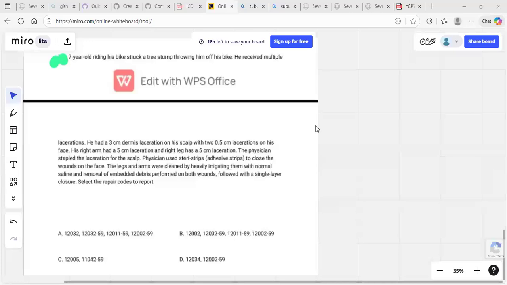So in our question, the patient has a 3 centimeter dermis laceration on the scalp.